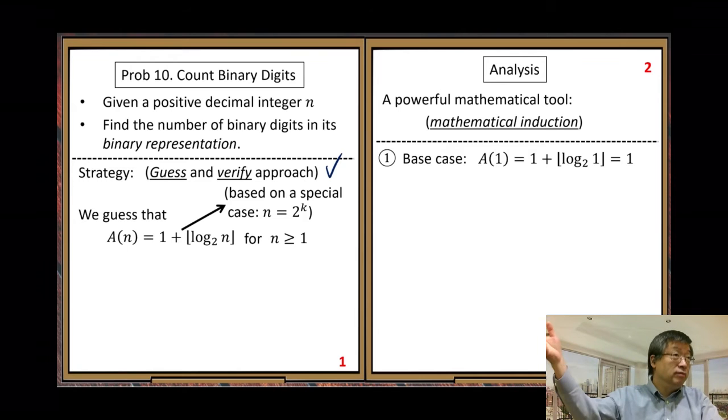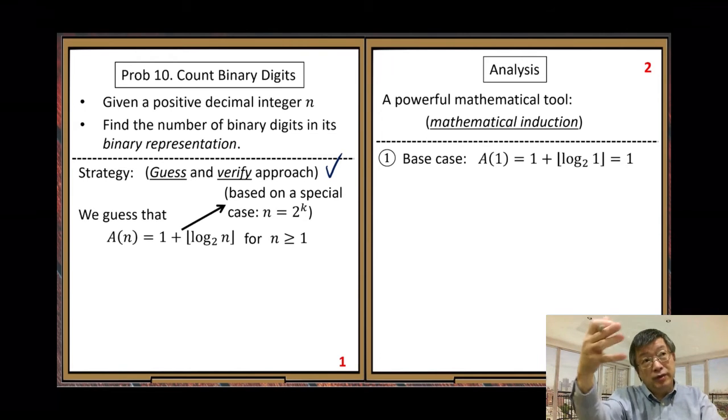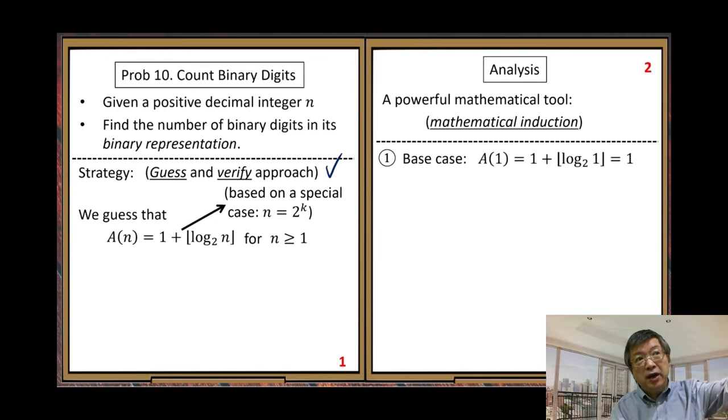A is the number of additions, so someone may argue that A of 1 is 0, because we define A as the number of additions.